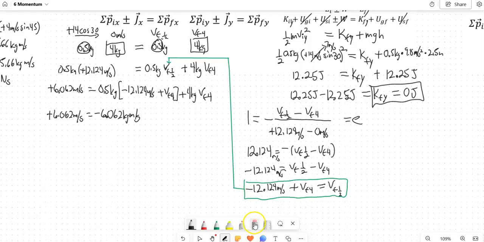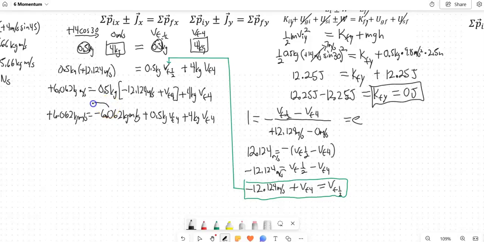And I forgot the kilograms over here again. Kilogram meters per second. Plus 0.5 kilograms V final 4 plus 4 kilograms V final 4.